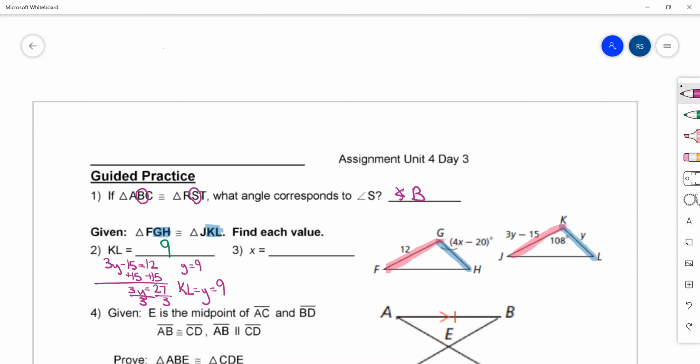Now they ask us to find the x. Well, let's see what we know. So the x in this equation goes with this angle, G. Which angle matches with G on the other triangle? That would be K, which is 108.